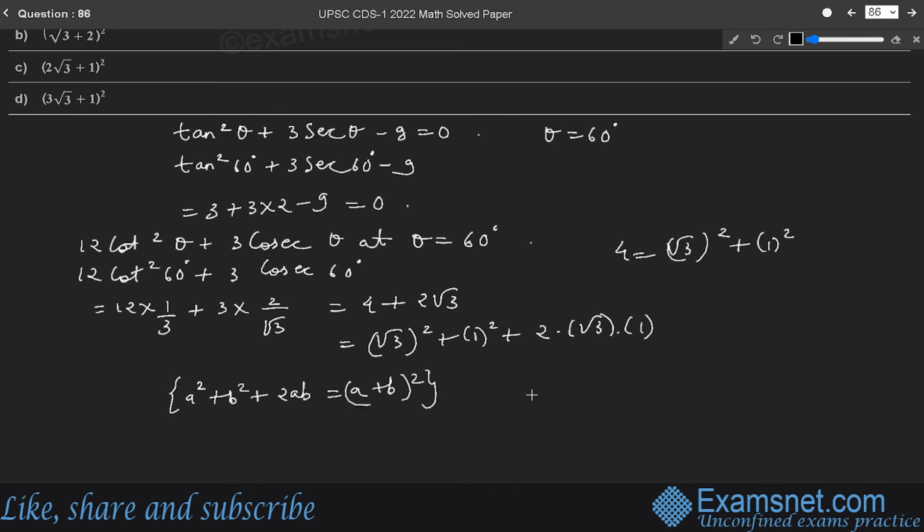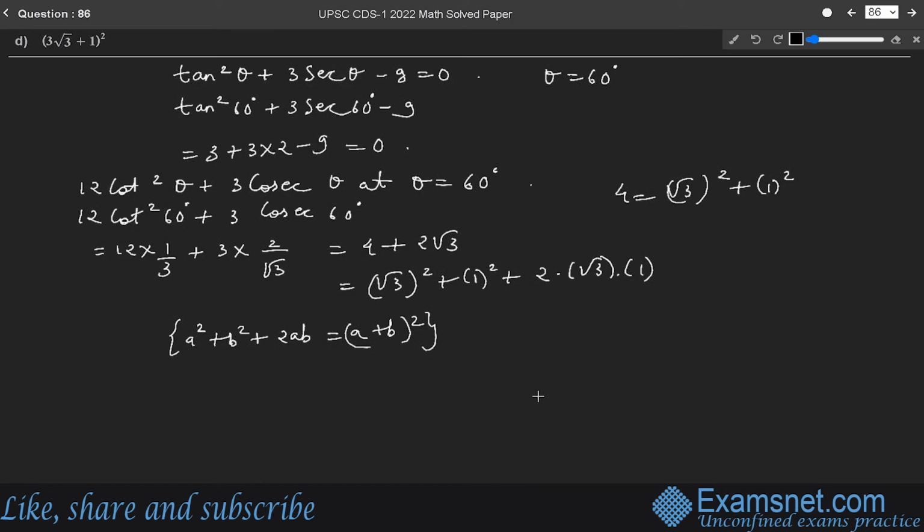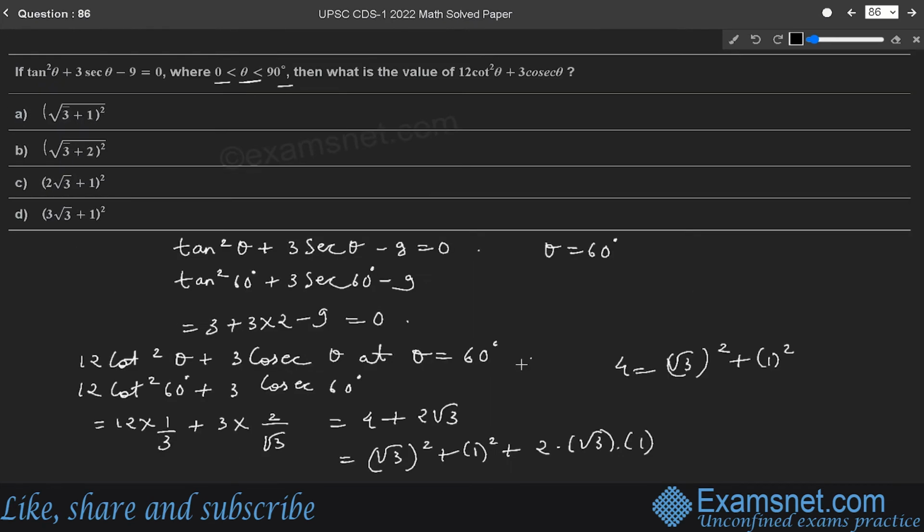Applying the same formula here, we will get root 3 plus 1 whole square. So this is the required value of the given expression. The correct option for this question is option number 1, which is root 3 plus 1 whole square. I hope this question is clear to you.